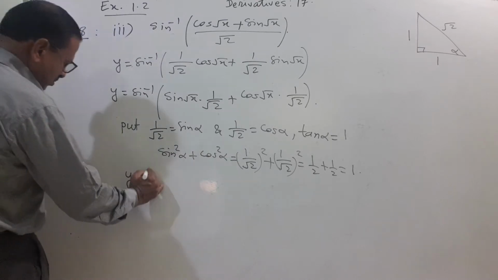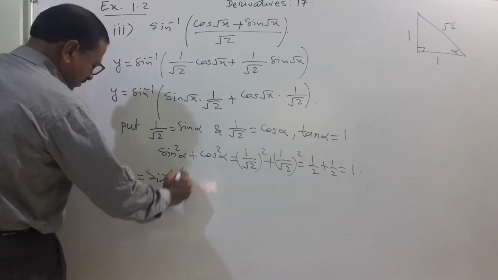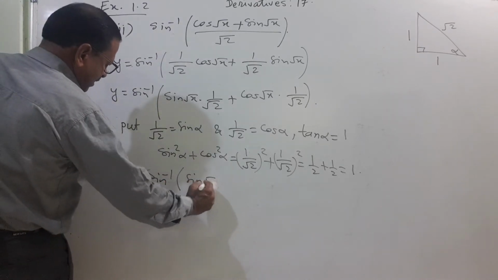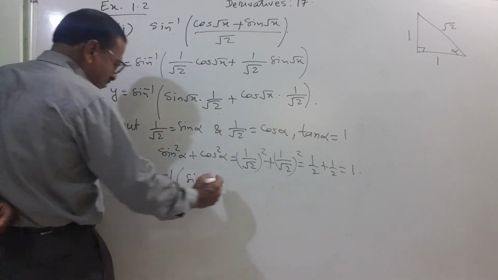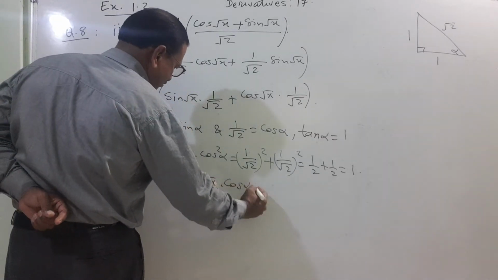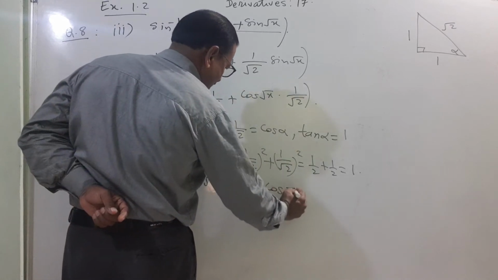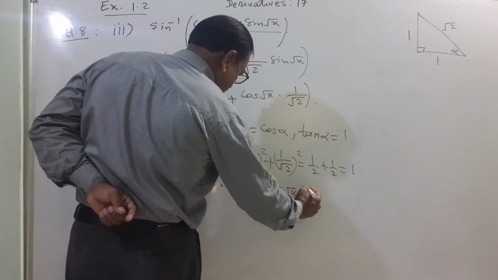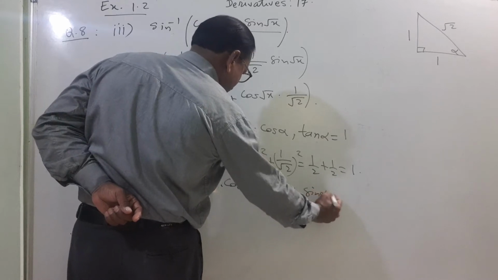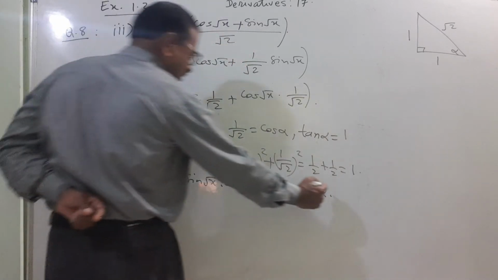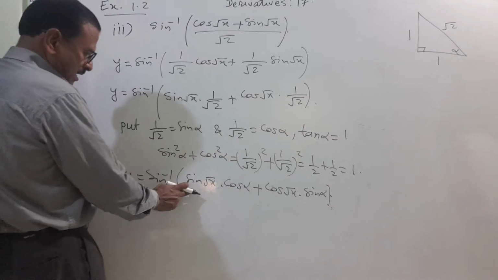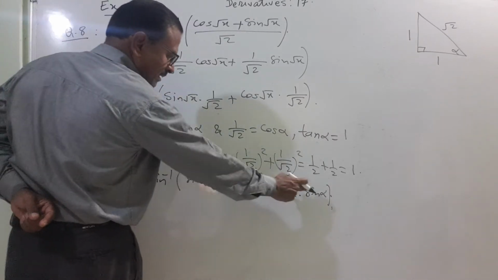So y is equal to sine inverse of sine of root x into cos of alpha plus cos of root x into sine of alpha. Check it. Sine cos, cos sine.